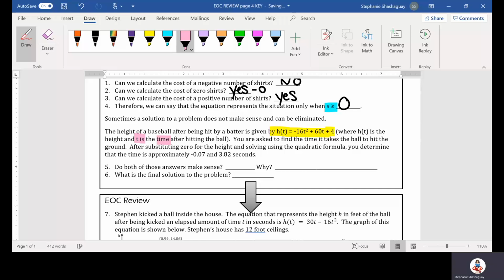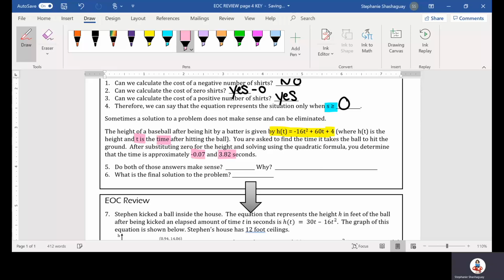You are asked to find the time it takes the ball to hit the ground. After substituting 0 for the height and solving using the quadratic formula, you determine that the time is approximately 0.07, negative 0.07, and 3.82 seconds.